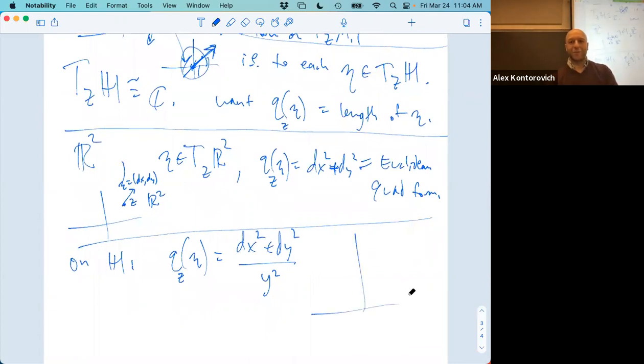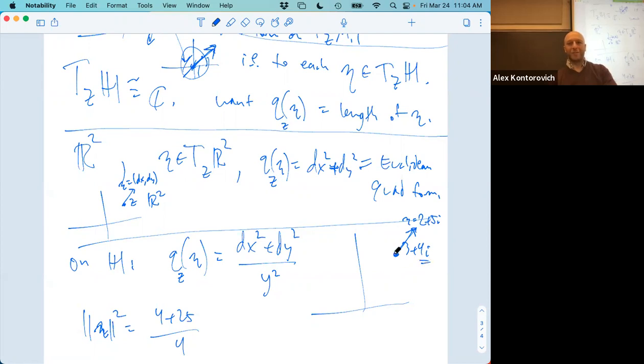So if I have a point here at 3 plus 4i, and I have a vector in its tangent bundle that's 2 plus 5i, what is its length? Well, the length squared, right? The quadratic form is the square of the length. It is 4 plus 25 over 4.